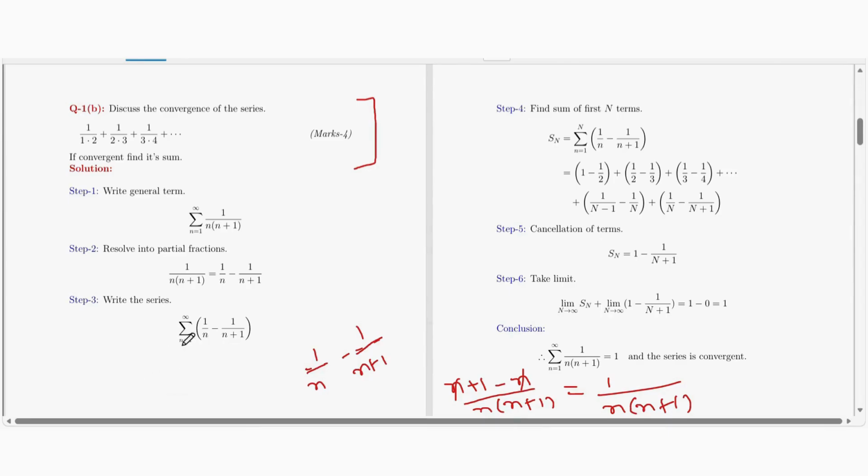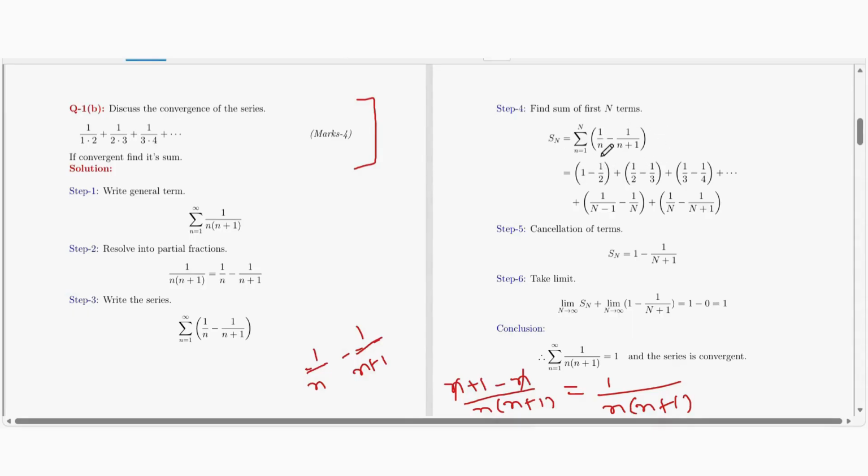Now apply the series. So this is my series, n equal to 1 to infinity 1 upon n minus 1 upon n plus 1. I am just rewriting this in this form. Now find the sum of first n terms. It is denoted by Sn. So that's why take the series n is 1 to capital N. Here we are taking the sum of first n terms of this. Okay.